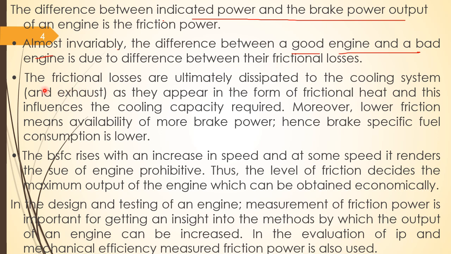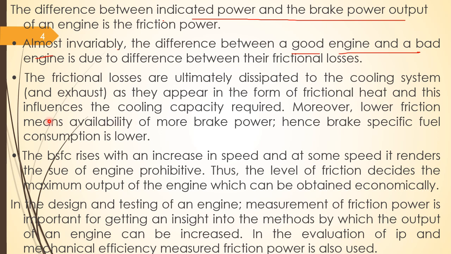Generally, the friction losses are ultimately dissipated to the cooling system and the exhaust system, as they appear in the form of frictional heat. So the heat carried by the exhaust gases or by the cooling system is nothing but a heat loss, or a friction loss, which we are considering in terms of heat loss.